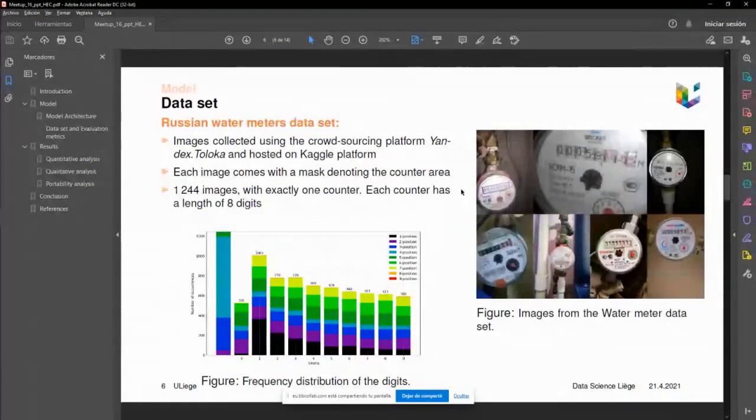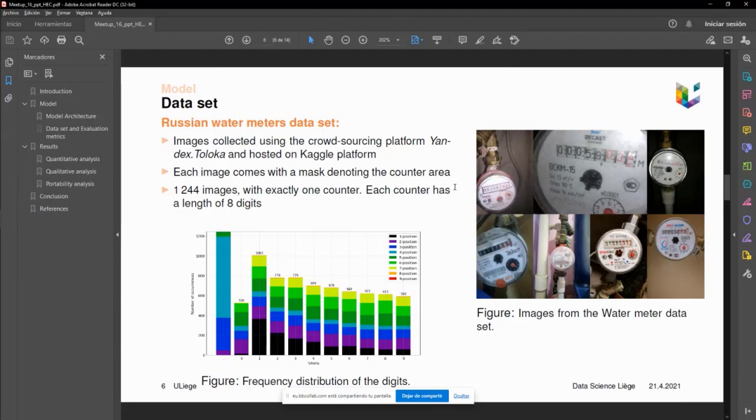So moving on, to train these models, one of the challenges that we had for this project was that all the water meters are protected by GDPR laws. So it was quite hard to find open datasets that are available to the public and that contain thousands of images.